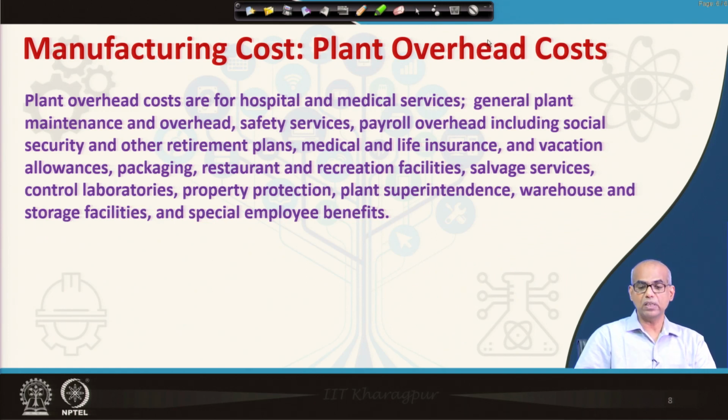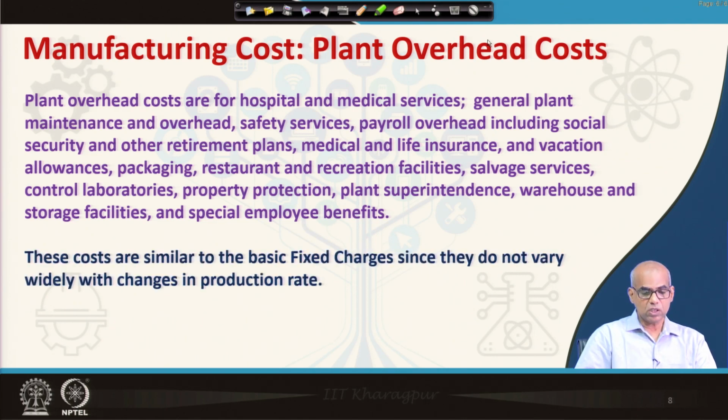So, these all will come under plant overhead. These costs are similar to the basic fixed charges, since they do not vary much with changes in production rate. So, it is only variable cost or the production cost that is proportional to the rate of production.